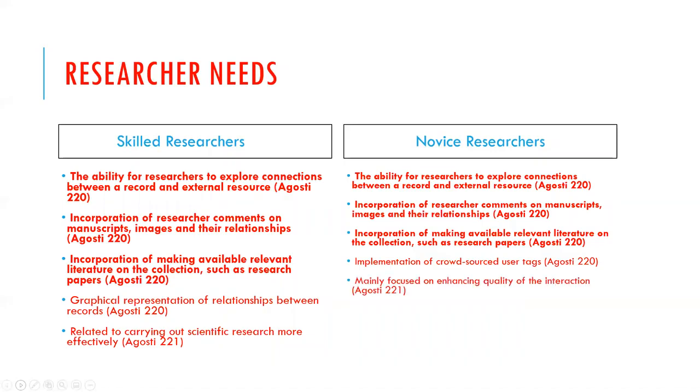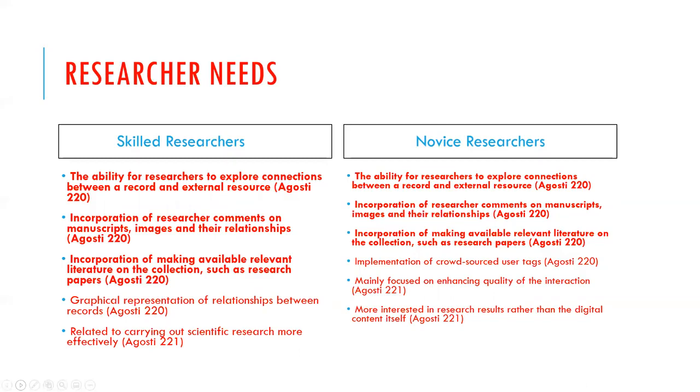So they talk about novice researchers as well, and there is quite a bit of overlap between what both types of researchers are interested in having, which I've put in bold here. So it does suggest that there is a fair amount of overlap between what both novice and skilled researchers are interested in having as far as tools that can facilitate the use of online materials.